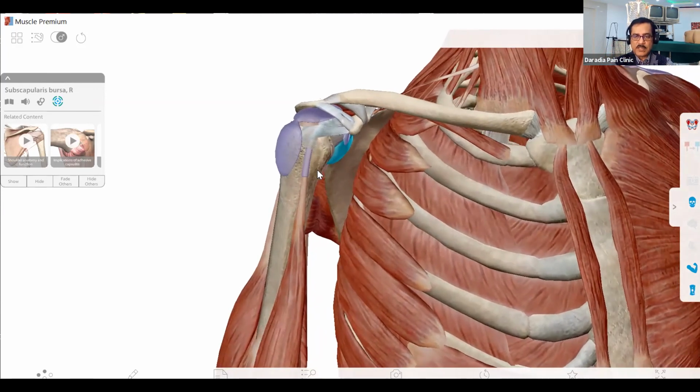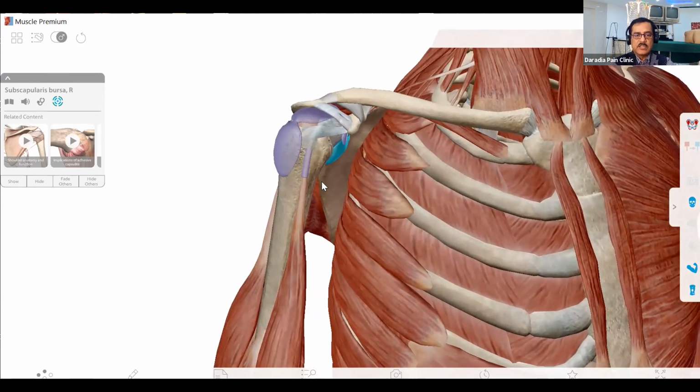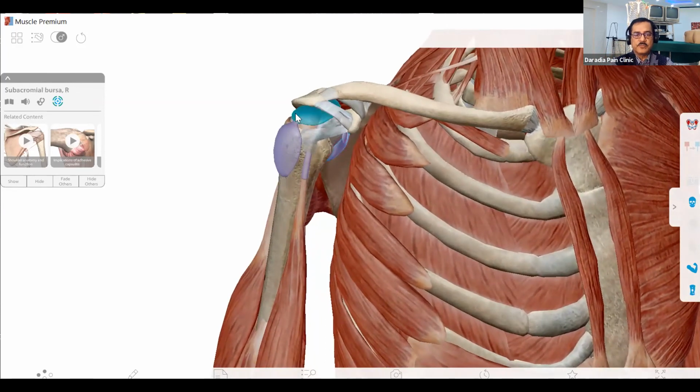So let me talk about the bursa, then we'll be talking about the ligaments. The next important bursa is this one. What is this? This is your subacromial bursa. This is also called the subdeltoid bursa because just on the top of it is your deltoid muscle. And this subacromial subdeltoid bursa is a continuous one. So this part is just below the acromion, so it is called subacromial.